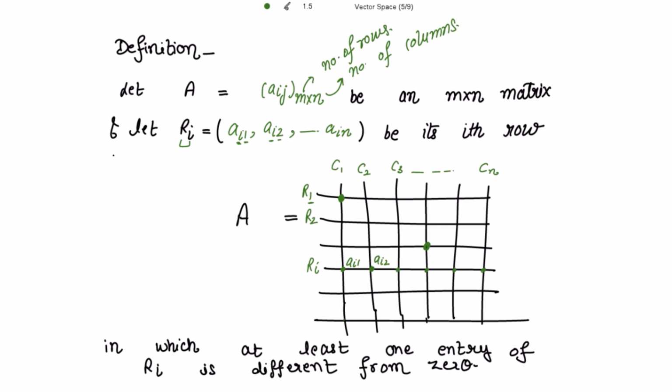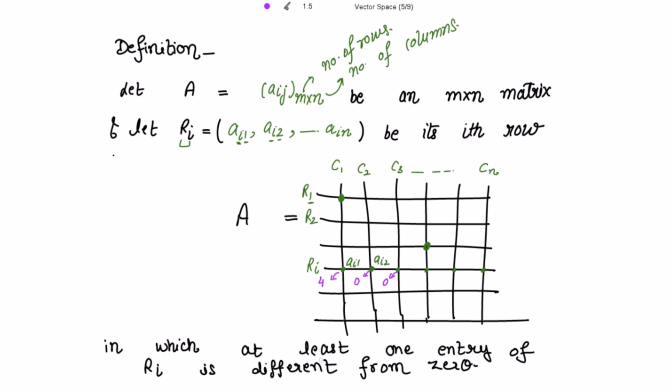Fine? Okay. So let Ri be its ith row in which at least one entry of Ri is different from 0. Suppose this entry is, let's say, 0 and this entry is also 0. Let this entry be, let's say, 4, that is different from 0, right?